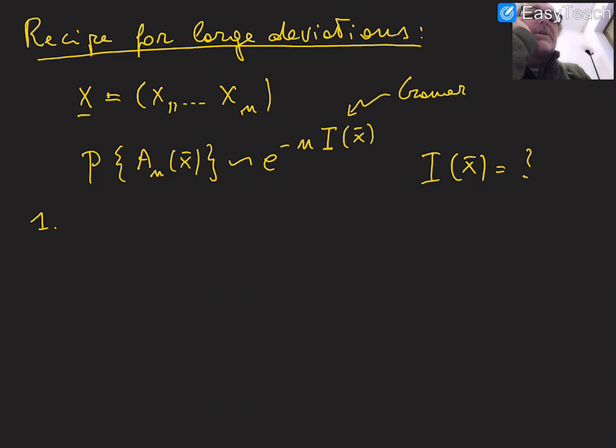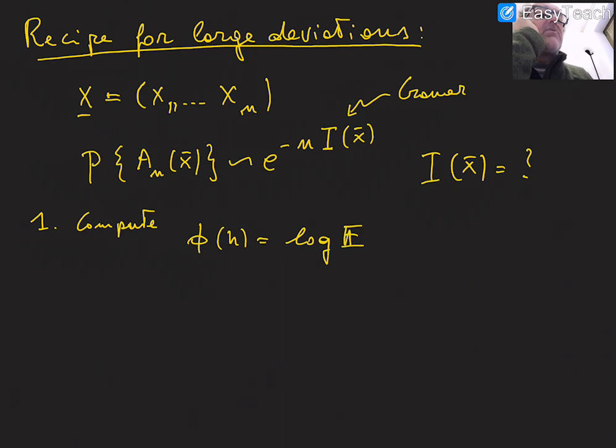So first you compute the cumulant generating function, which is the log of the expected value over the original distribution, the distribution from which these random variables are drawn, of e to the h times x.